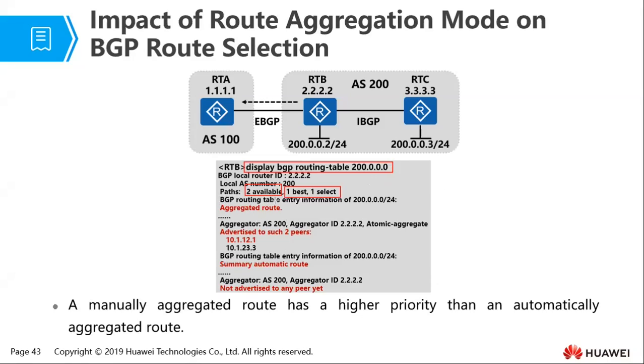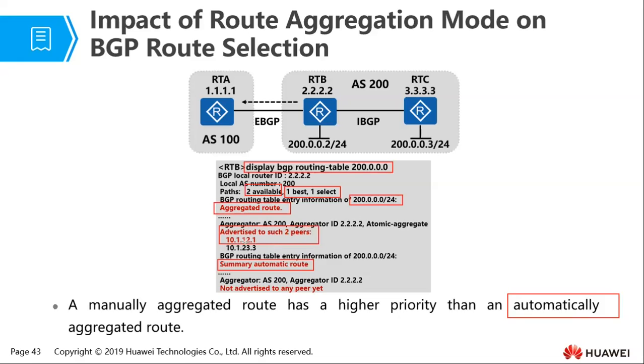In the BGP routing table entry information for this network, we can see that it's an aggregated route. This is the manually aggregated route. Then we can see the summary automatic route is the automatically aggregated route. We can see that the manually aggregated route has been advertised to the peer.